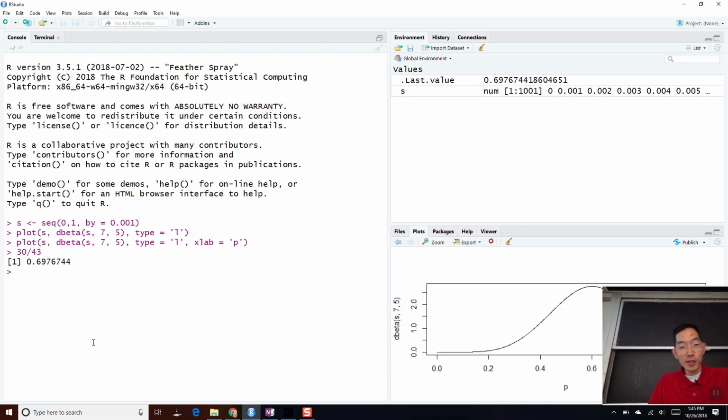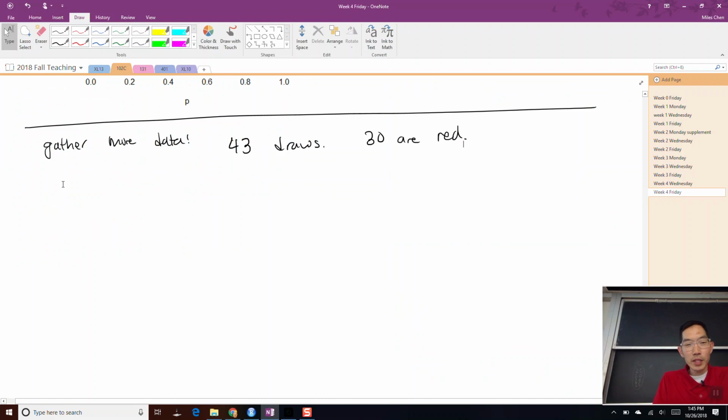Okay, so almost 70% are red, okay? How should we go about doing this? So now, I have already seen some data, okay? So prior to drawing my 43 new marbles, what are my beliefs about P?